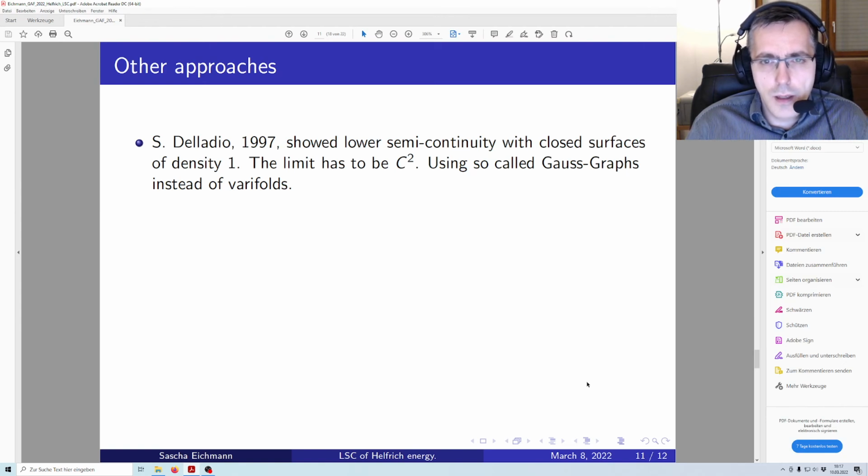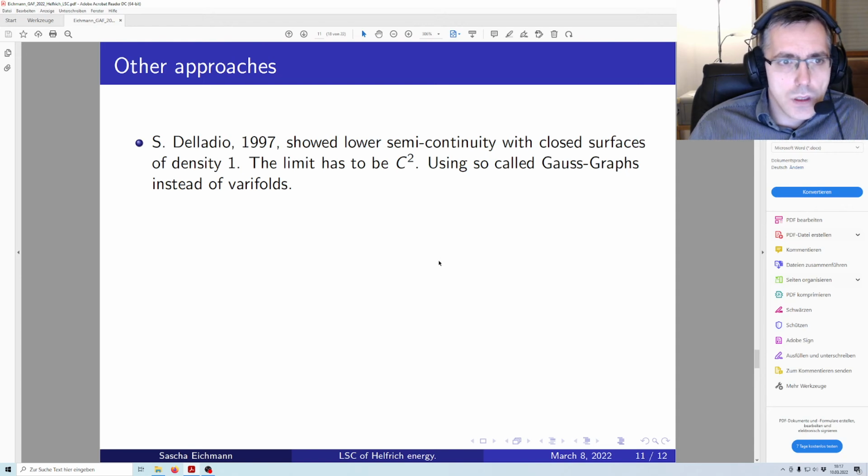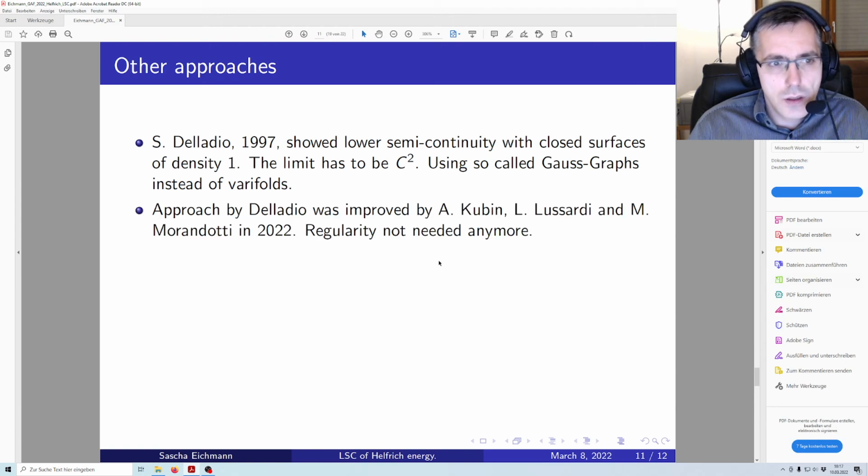They are a certain type of currents, but he had to essentially have some prerequisites which are not so clear in general. For example, you need some regularity in the limit, some density assumptions. The picture was still very incomplete.